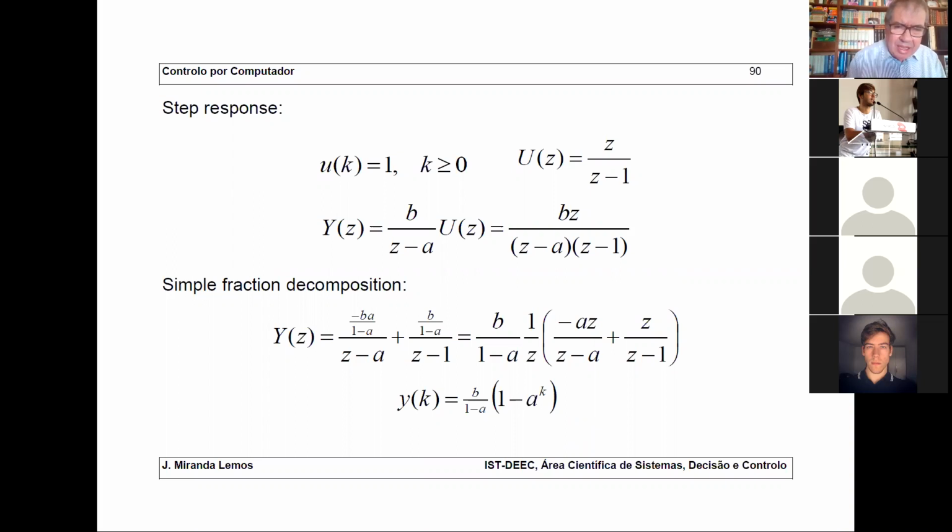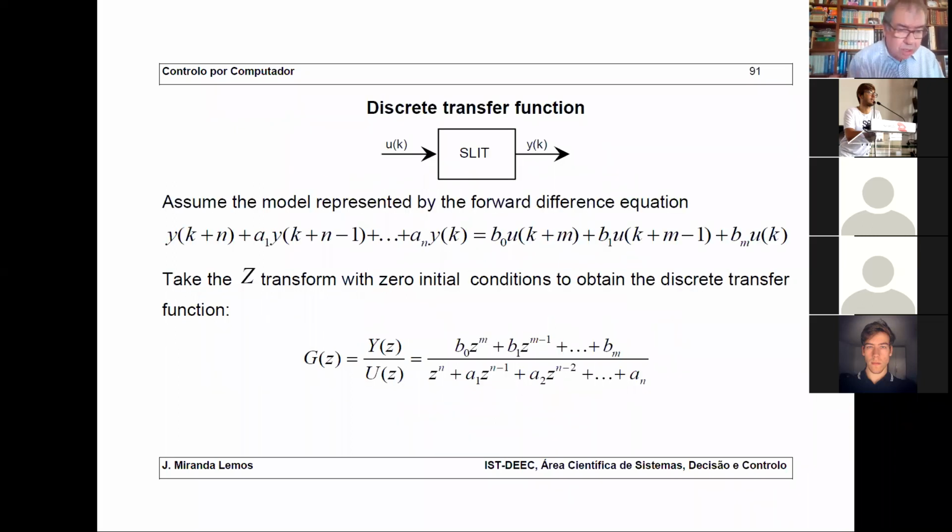Now, in this course, I'm not going to insist much on solving difference equations, but it's important that you understand this procedure. What I really want to do with the z-transform is to introduce the notion of discrete transfer function.